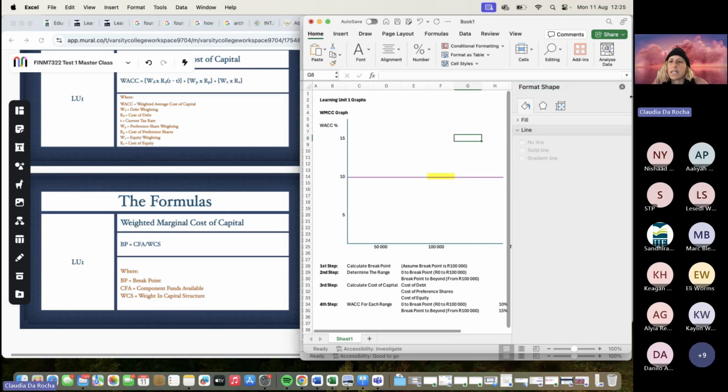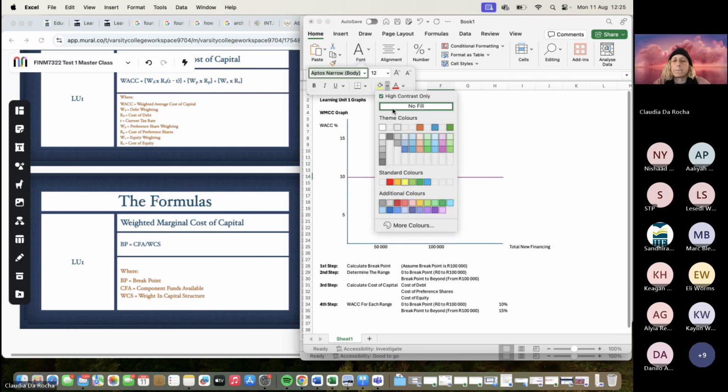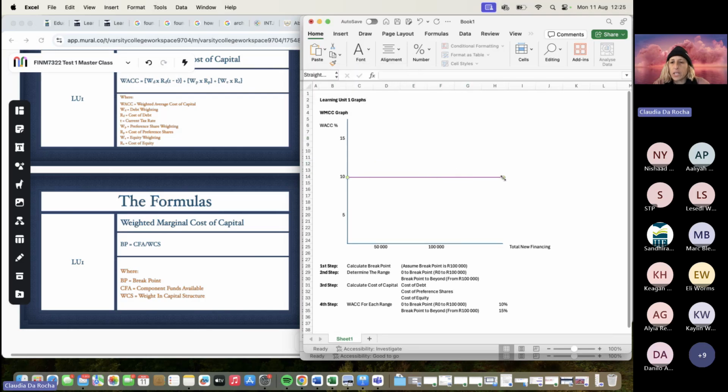Purple color so you can see nicely. Okay, so you're going to go all the way to where we have the 100,000.